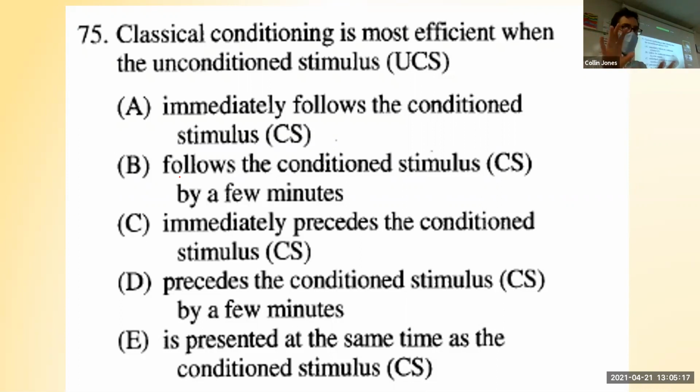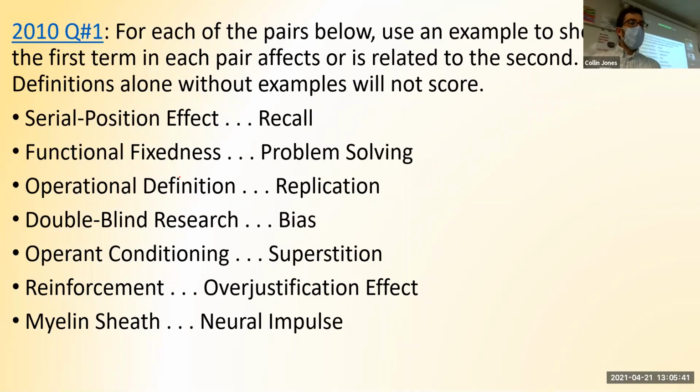So it's most efficient when the food is... It's A. You want bell, food, bell, food, bell, food. You want the food to be right after the bell. That's when the connection is going to be the strongest. Here's an actual free response, 2010, that they gave students.